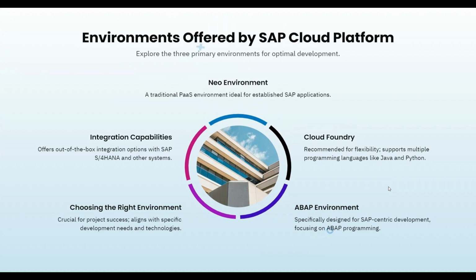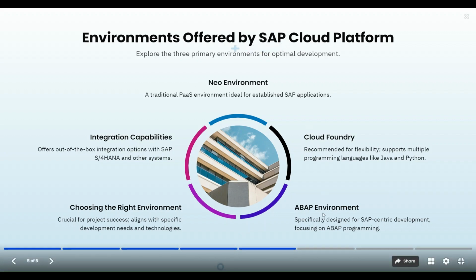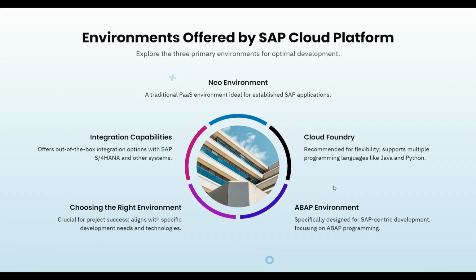As I was discussing in the first slide, these are the environments offered by SAP Cloud Platform. It majorly provides the Neo environment, Cloud Foundry environment, and the ABAP environment. The Neo environment is more traditional and works best for established SAP applications. If you need flexibility, Cloud Foundry is your go-to, as it supports multiple programming languages like Java and Python.